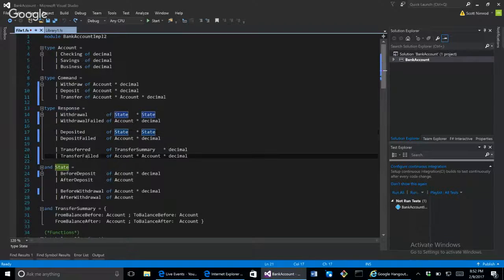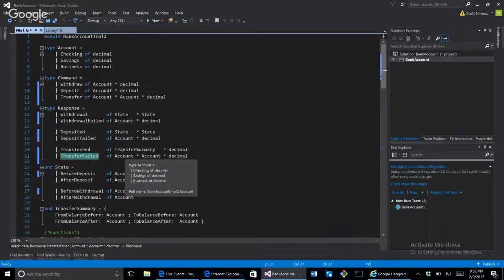This transfer failed, account decimal. What does that mean? In order to figure that out, you have to leave the scope of your type declarations and go into the actual functions to understand what these tuples attached to the individual case values of this discriminated union are, based on the context of the function.